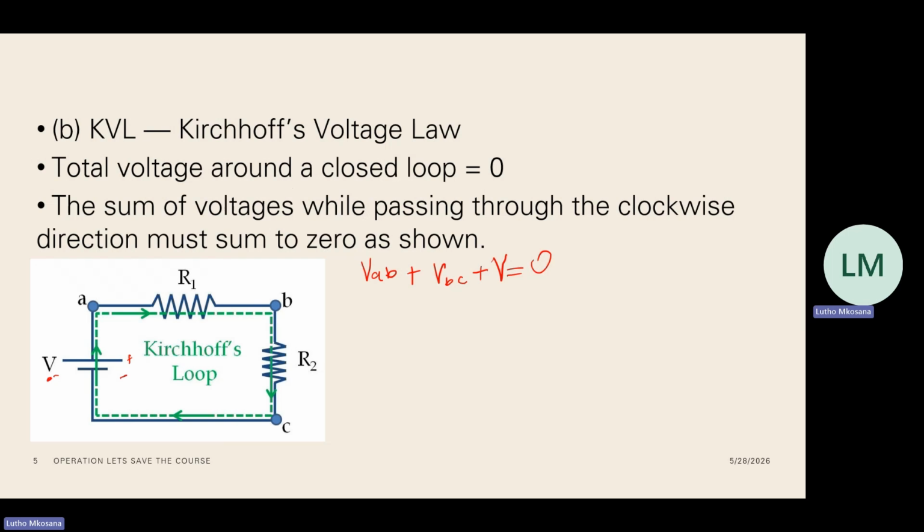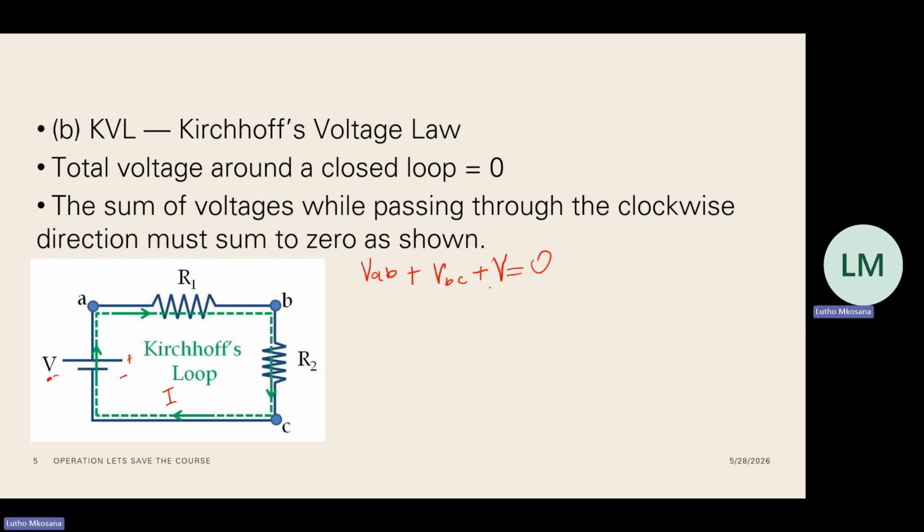But something interesting happens here. Since our loop is a clockwise direction, it accounts for the current direction that we assume. We know current flows from positive to negative, so in this assumption, this current flows in that direction.